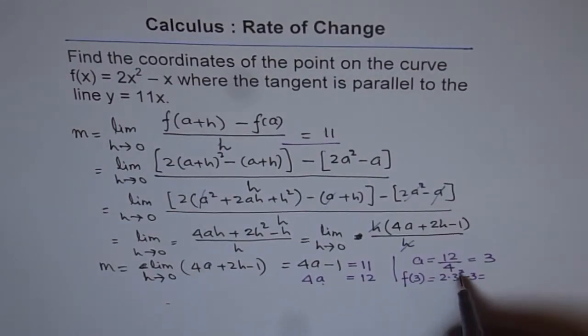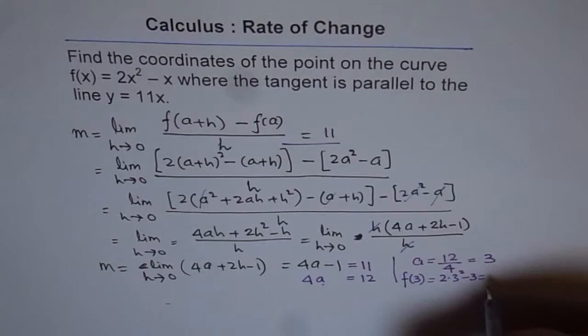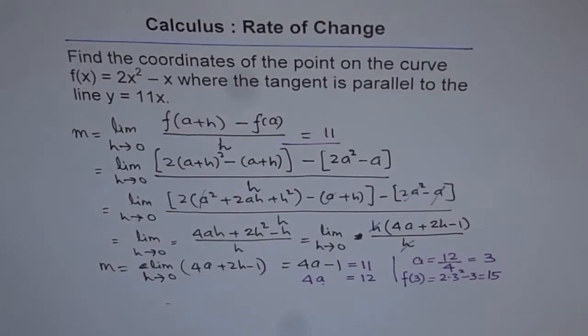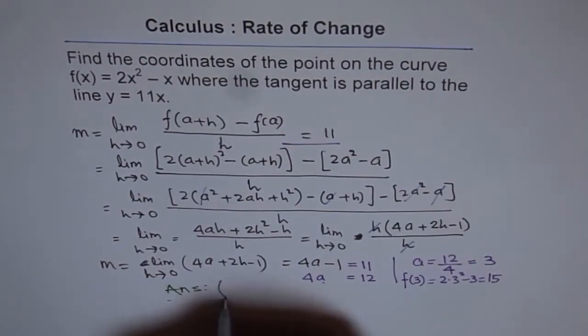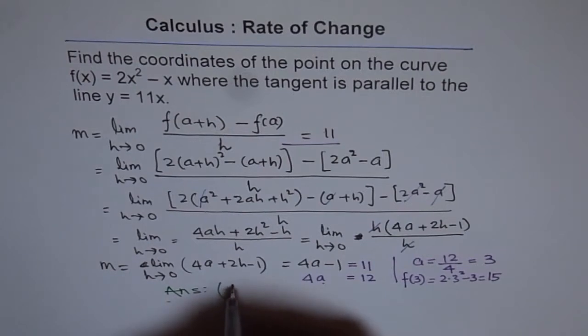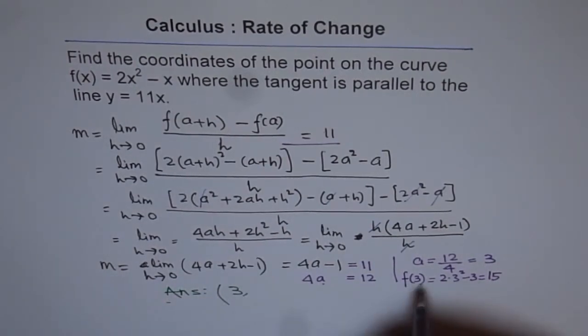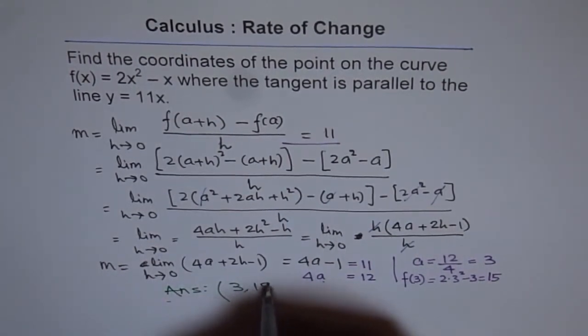So 3 squared is 9, 9 times 2 is 18, and 18 minus 3 is 15. Correct? So that is the y value. And now we can write down our answer. The coordinates of the point on the curve are: x value is 3 and the y value is 15.